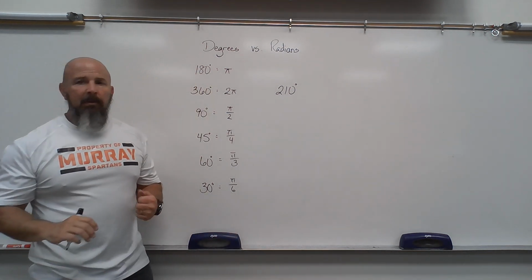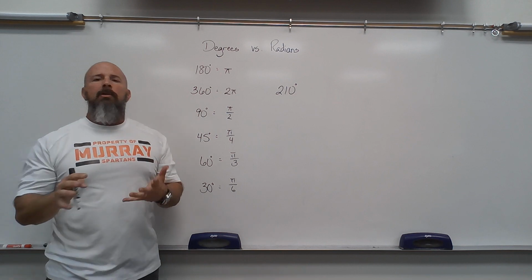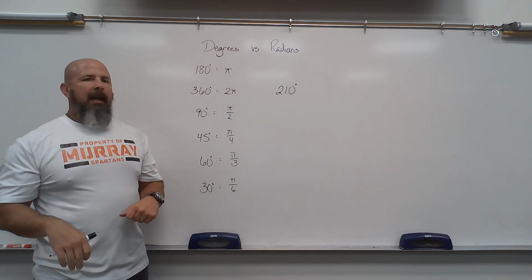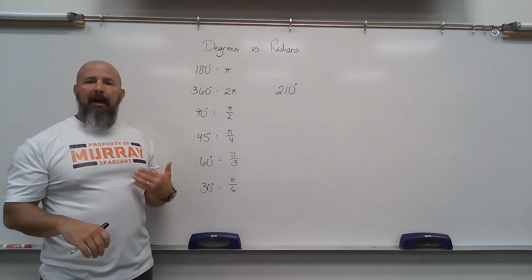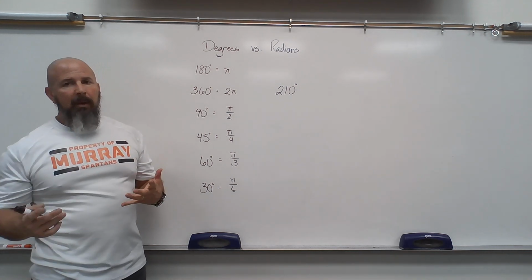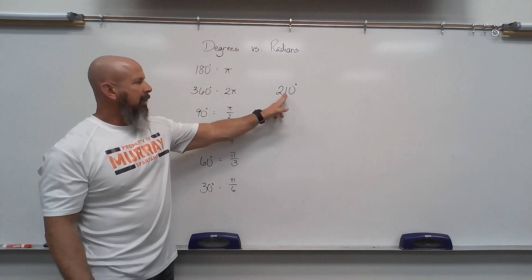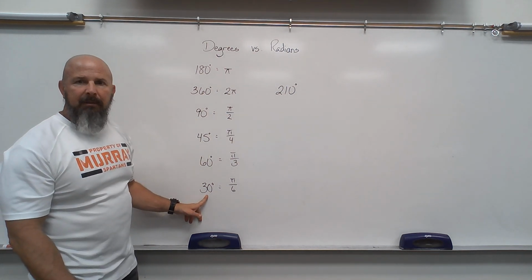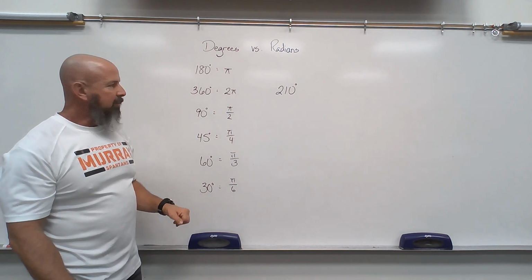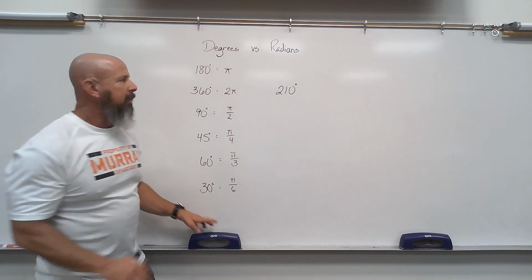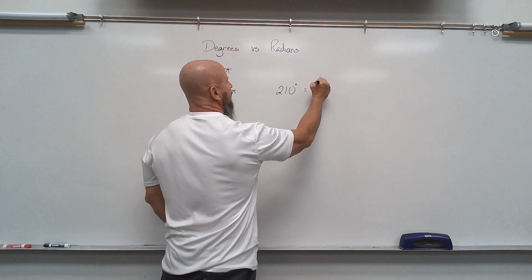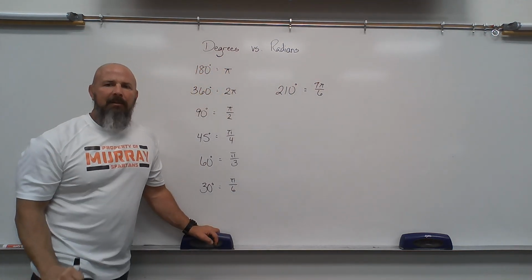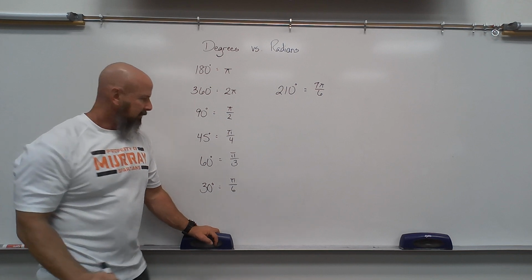Yes, I can absolutely take that, multiply it by pi over 180, and that will give me then 7 pi over 6. But another way I'm thinking of it is, wait a minute, 210 is 7 30s. 7 times 3 is 21. So 210 is going to be 7 30s. So that's 7 of those pi over 6s. So that would be that 7 pi over 6.